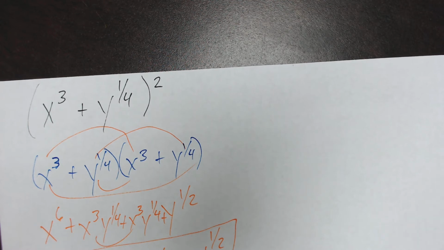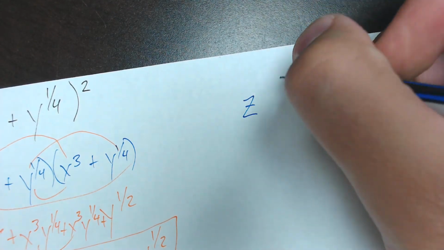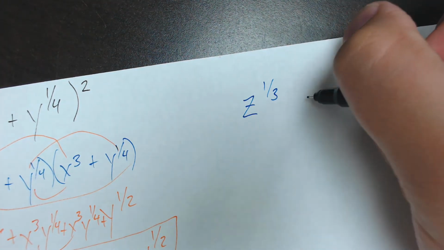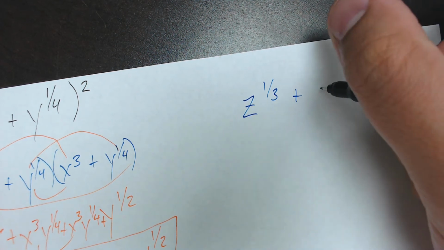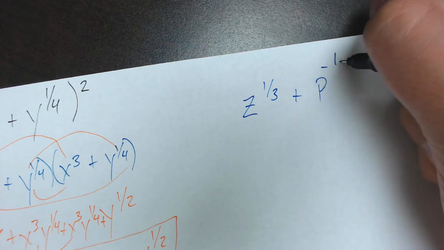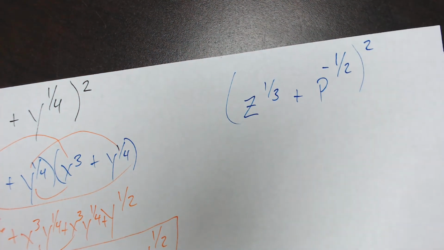Okay, so let's say we've got, oh, this is a good one. z to the power of 1/3 plus p to the power of negative 1/2, and that is being squared.